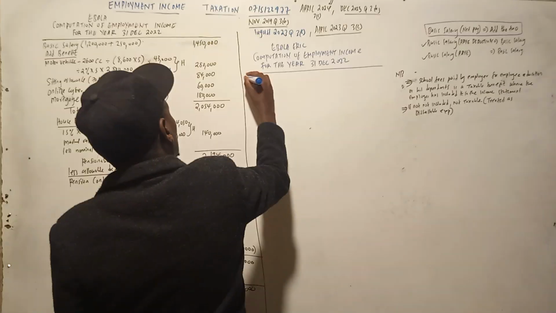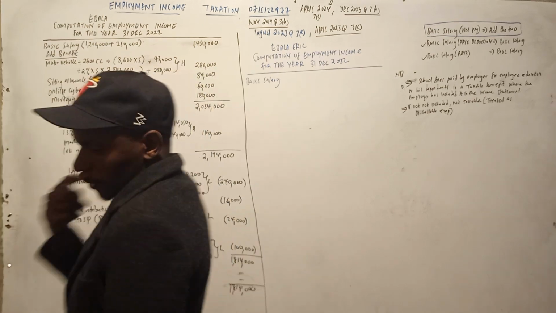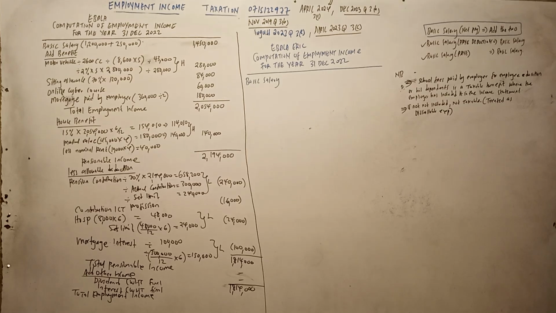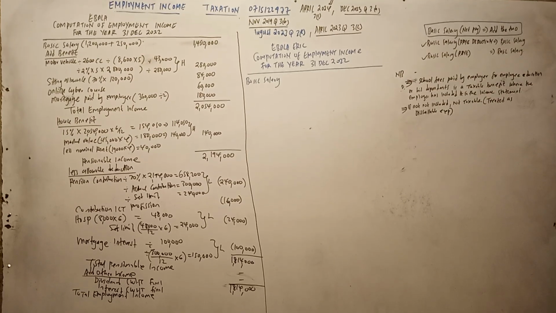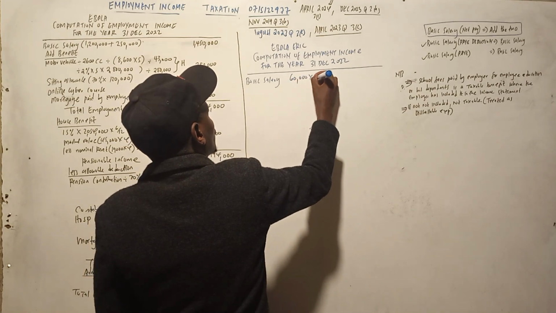Basic salary. So basic salary yake according to that one, 60,000. So I receive 60,000 times 12.